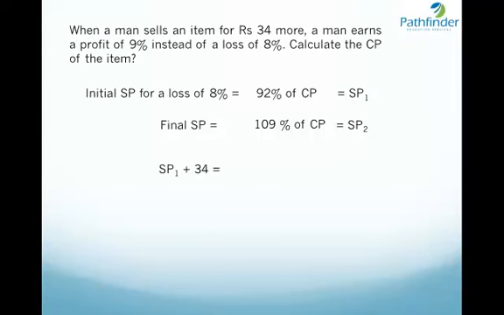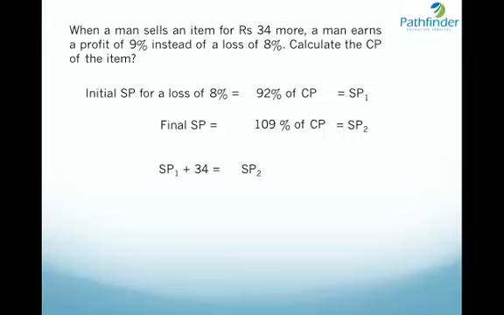So when the man sells at SP1 plus 34 rupees, he earns a profit and gets the second selling price, that is selling price 2. So selling price 1 plus 34 must be equal to selling price 2. This is the fundamental equation for solving the question.